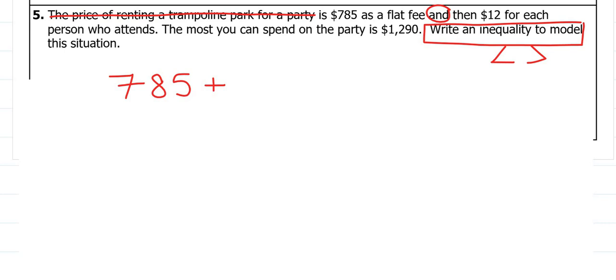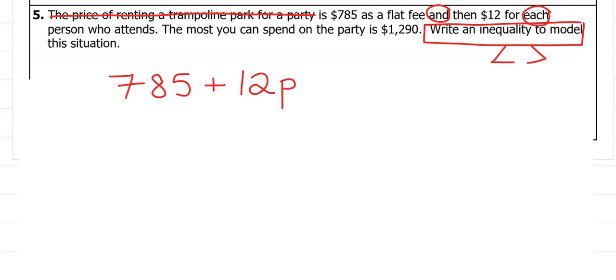So $12 per person, each person. So the number of people times 12 is going to be the cost for the people. So I'm going to have 12 times the number of people who attend. I'm going to give it a variable because I don't know who's attending. And I'm going to say P. So 785 plus 12 times P, 12 times the number of people, is going to give me the cost.